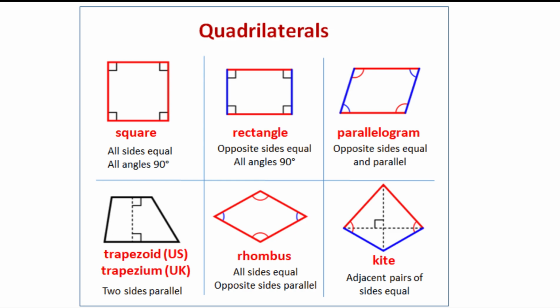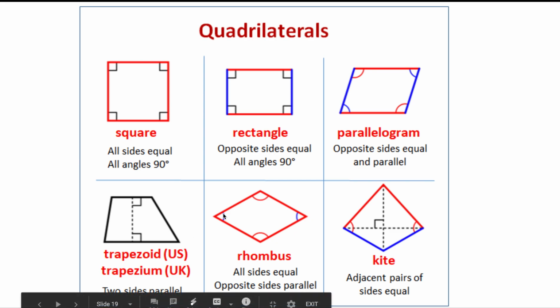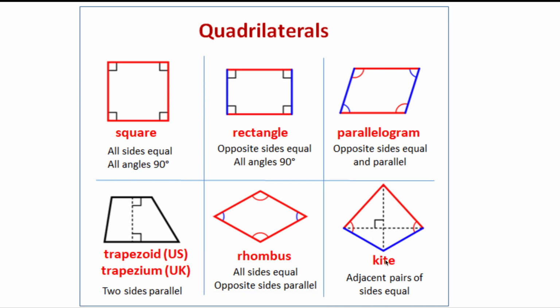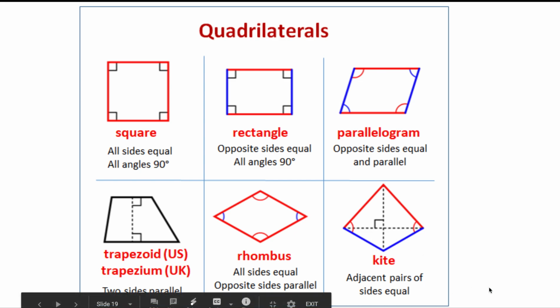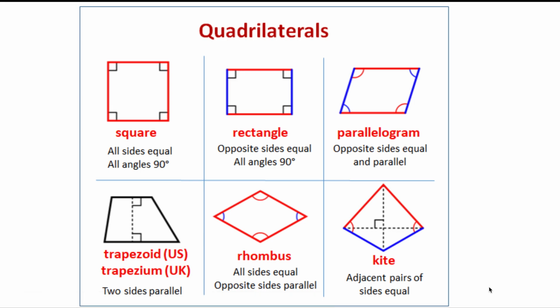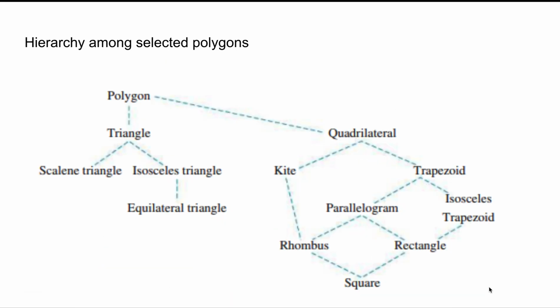Okay, and then because of that, opposite sides are parallel. So all rhombuses are also parallelograms. Okay, kite, adjacent pairs, not opposite, adjacent pairs of sides are congruent. Okay, it could be nice if you write this down in your notebook and refer to that.